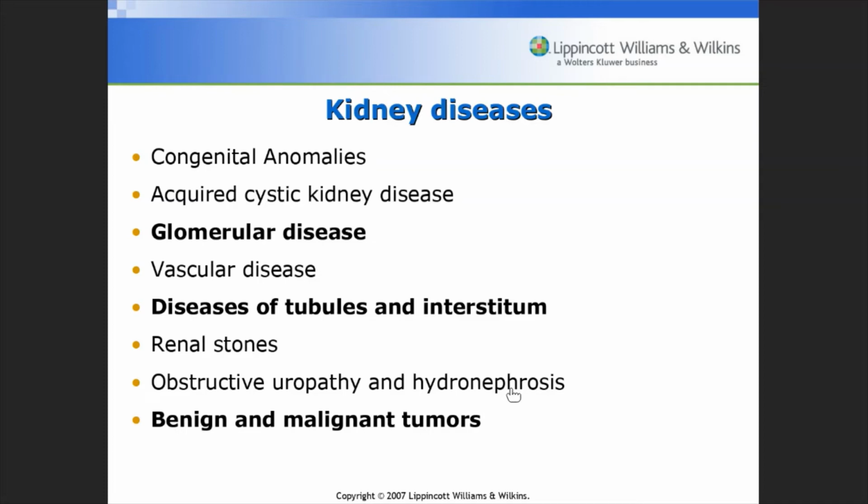Your collecting duct is a structure that typically collects urine and brings it to the renal papillae, which then empty into the minor calyx, to the major calyx, to the renal pelvis, and the ureter comes out into the urinary bladder, and from the urinary bladder goes out to the urethra.